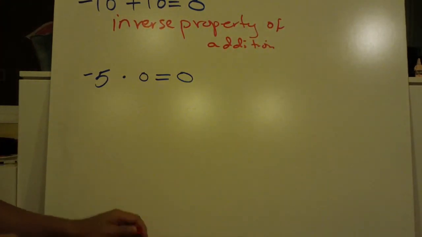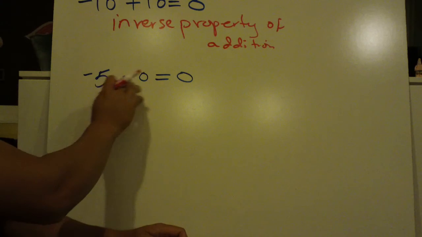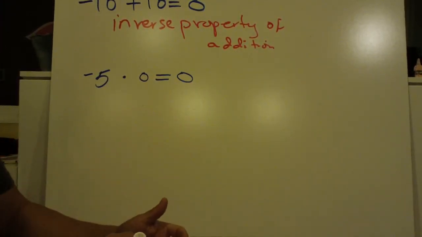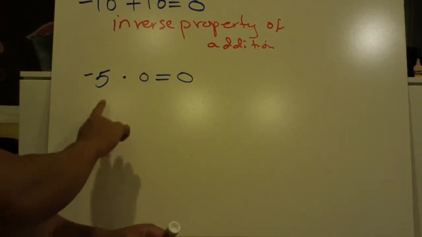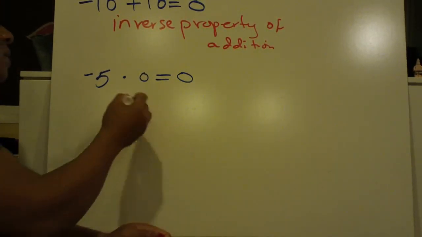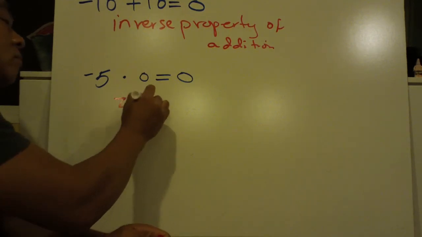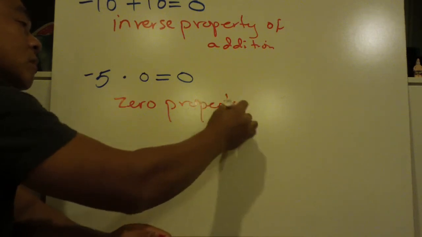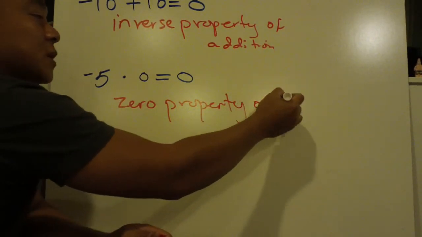Okay, and then finally we have -5 times 0 is equal to 0. And this is your easiest one because it's, again, very common sense. Anything times 0 is going to give a 0, no matter what that is. So this is, again, your 0 property. And you can go 0 property of multiplication.